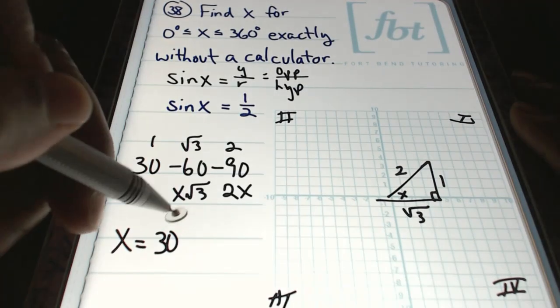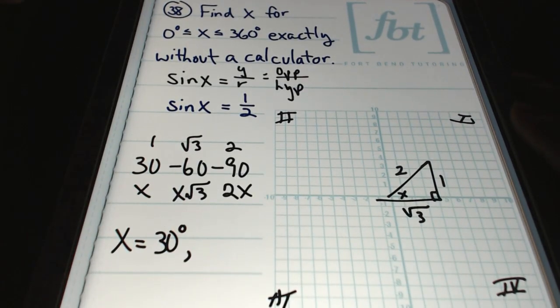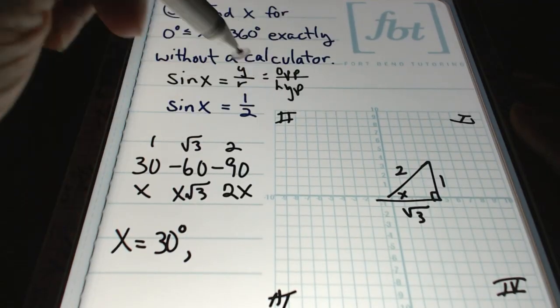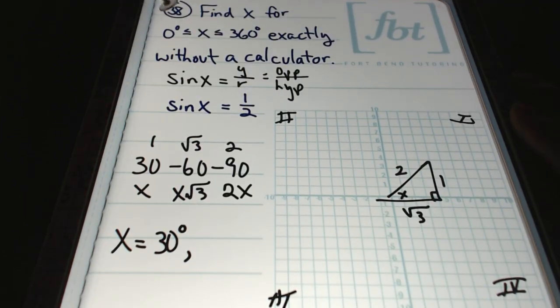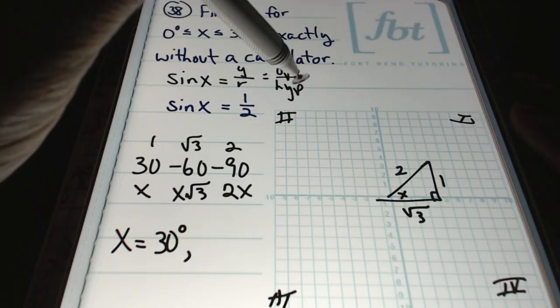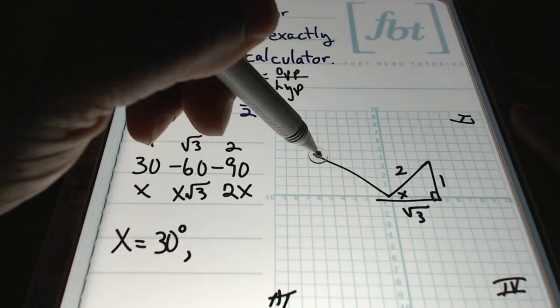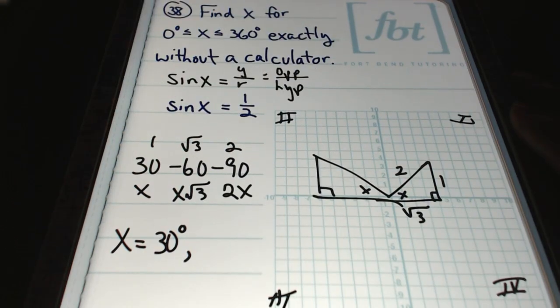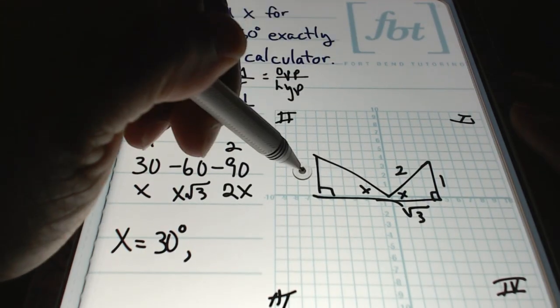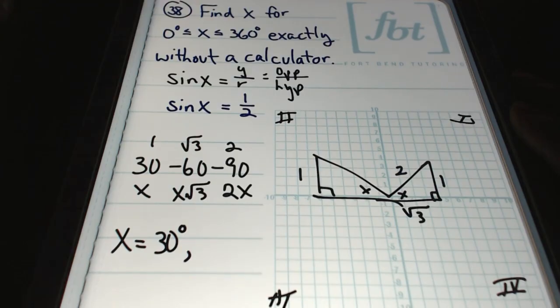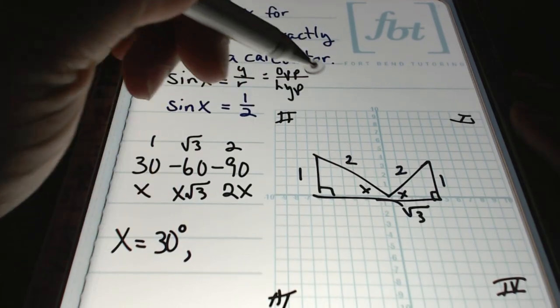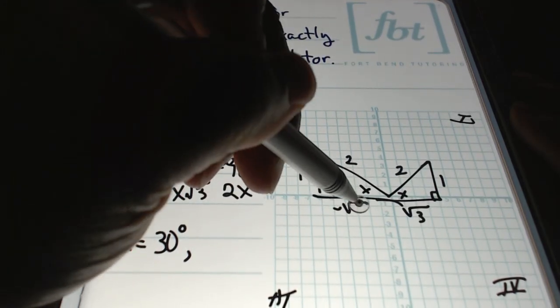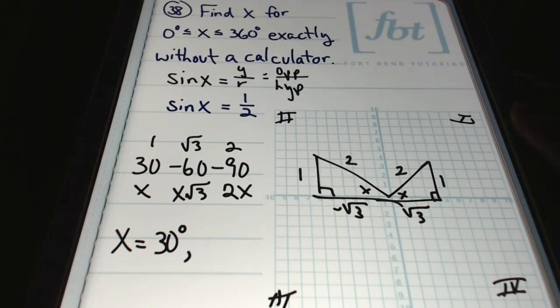But what I won't agree with is that that's a complete answer, because they're taking us all around the circle, guys. Welcome back. I just told you guys that sine is also positive in the second quadrant. So we can make an identical right triangle in the second quadrant where we're solving for x, where the opposite value of that angle has to be 1, our hypotenuse is 2, and we would end up with a negative square root of 3 for our value of x here.